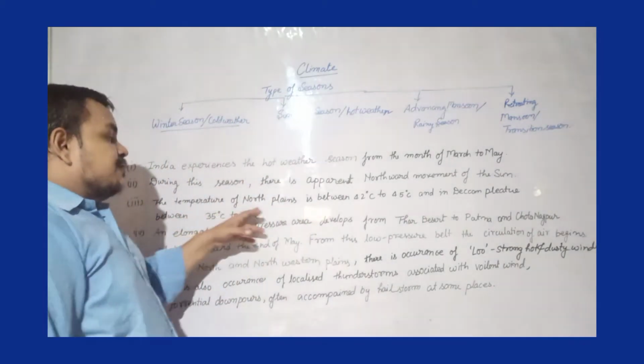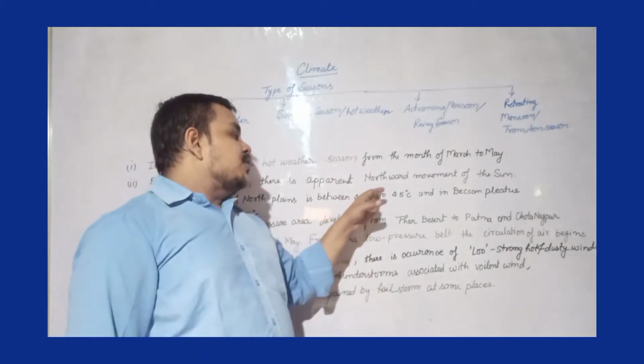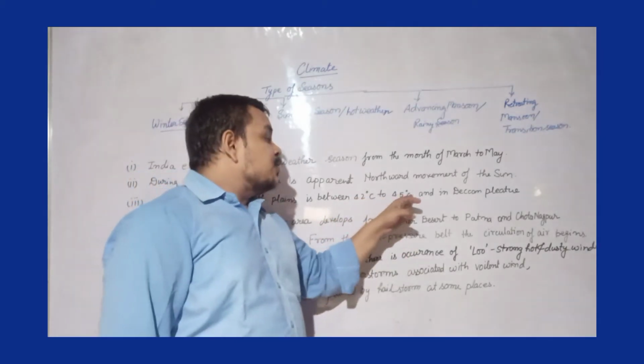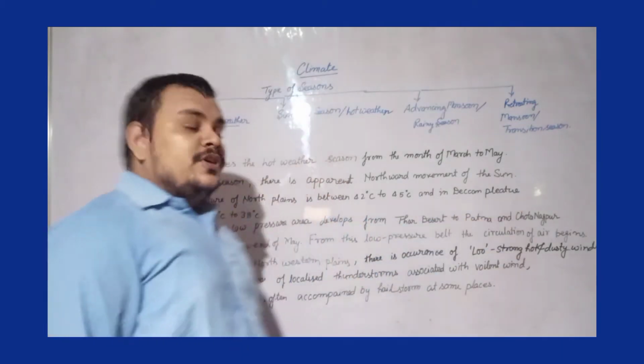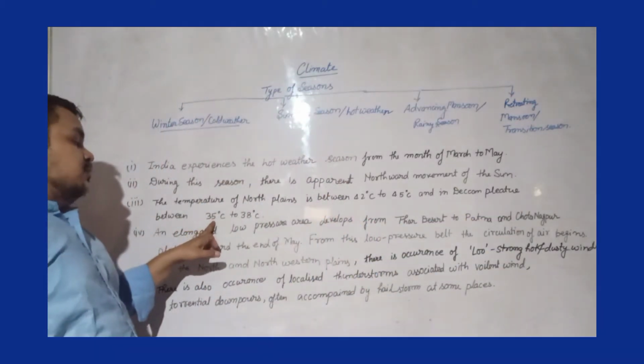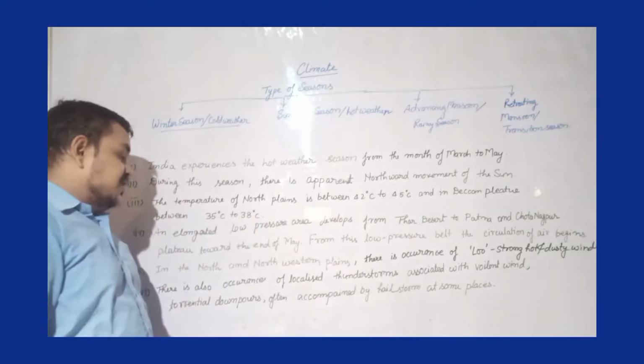The temperature of the north plain increases and reaches 42 to 45 degrees Celsius. In the Deccan Plateau, it reaches 35 to 38 degrees Celsius.